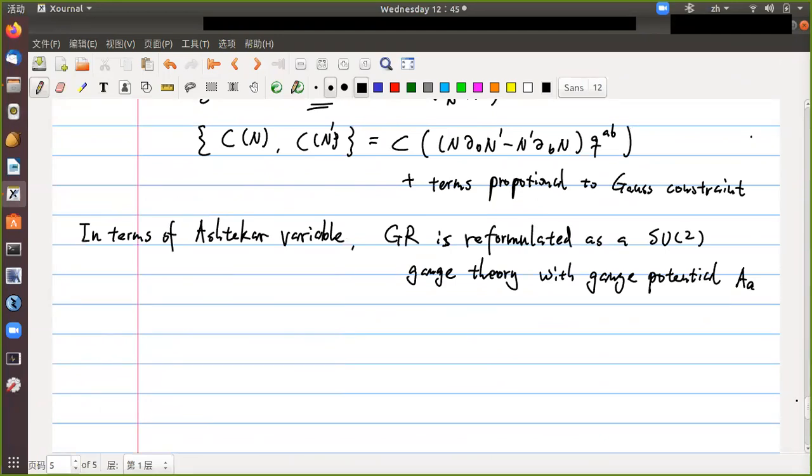And thirdly, well, probably I should write it. Firstly, additional constraints, namely diffeomorphism and Hamiltonian constraints.